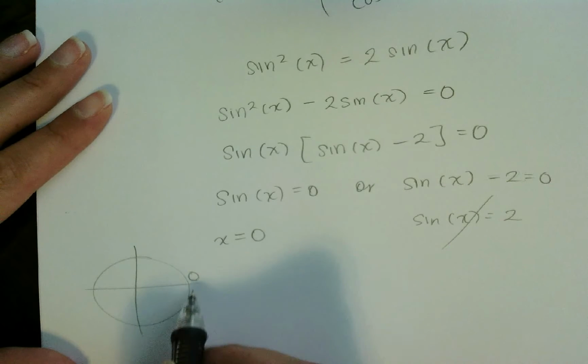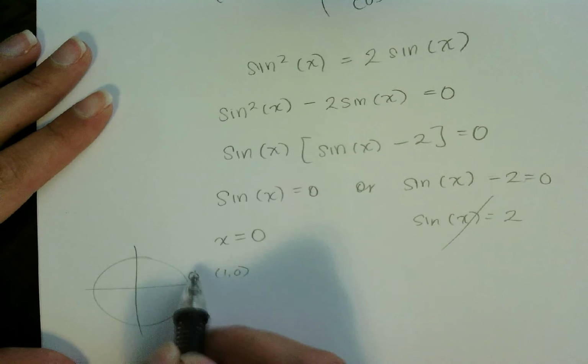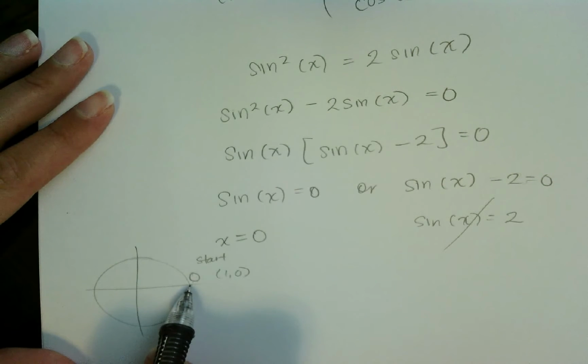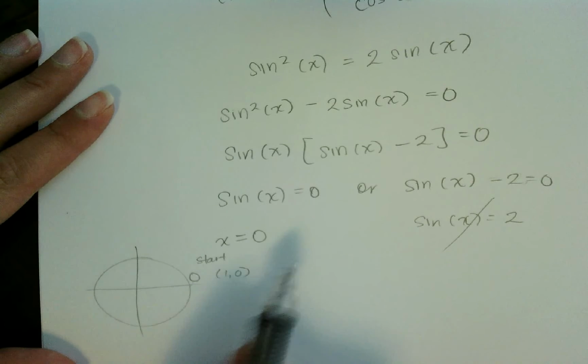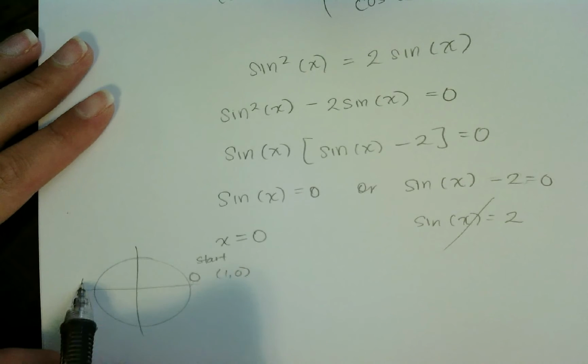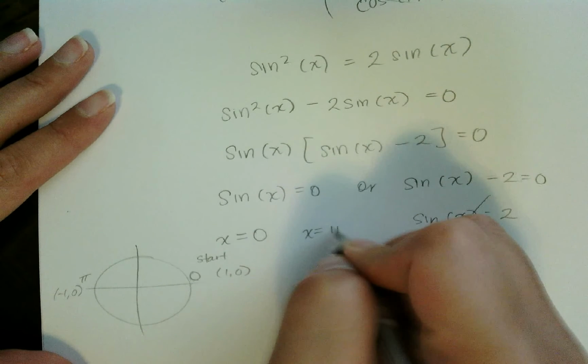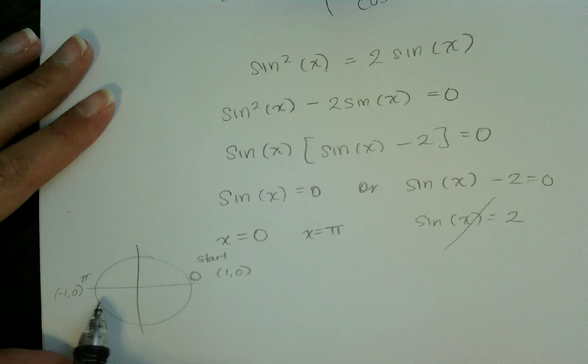That first coordinate right there, when you start at the unit circle, that's at 0. So that is a solution. When you plug in 0 for sine, you get out 0. Then as you walk around the unit circle, you get to pi. You also get 0. So x equals pi is a solution. When you plug pi into the sine function, you get 0.